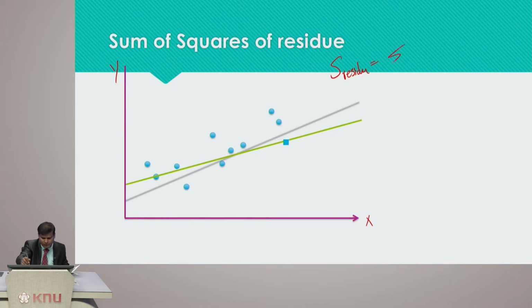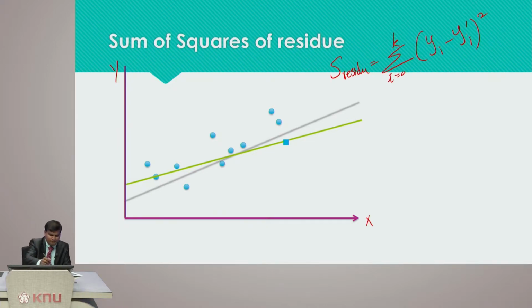We are going to have the sum of residuals, summation i equals 0 to k, (yi minus yi dash) the whole square.